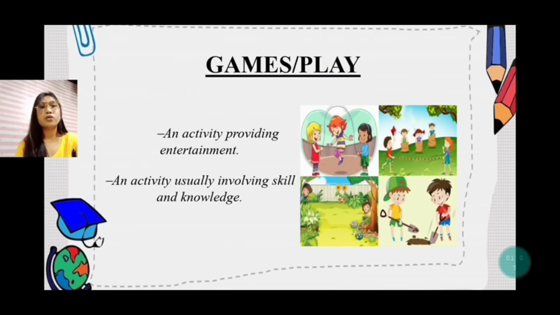The third method is through games or play. Games or play is an activity providing entertainment. Also, it is an activity usually involving skill and knowledge. Simply, games or play incorporate active experimentation in the form of turns, actions, and activity cycles.